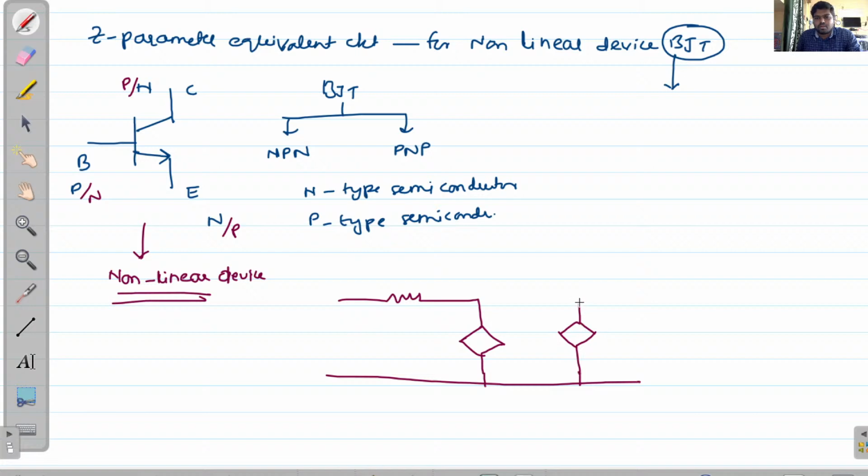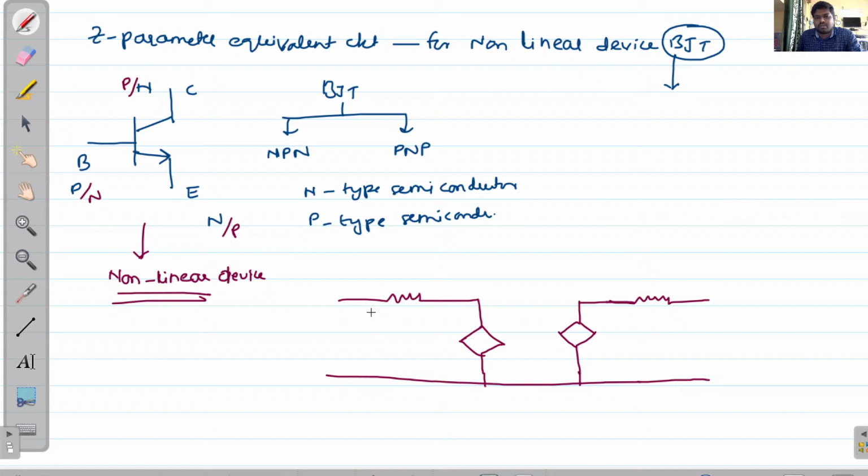And I already told you, Z parameters can be applied for series networks. In order to analyze series networks, we have to use Z parameters.